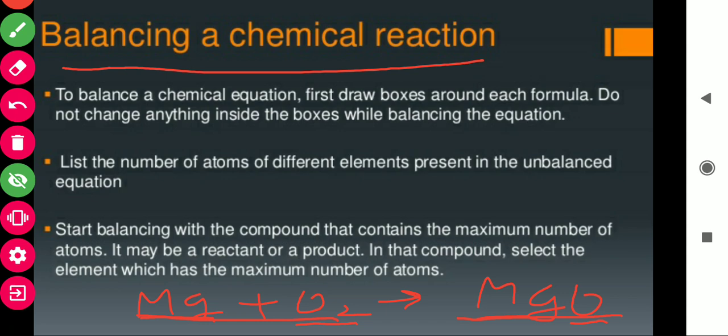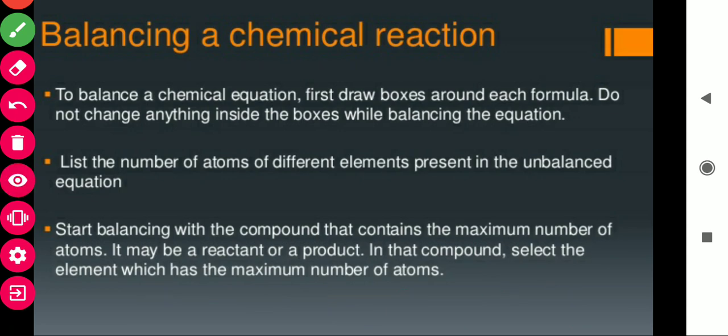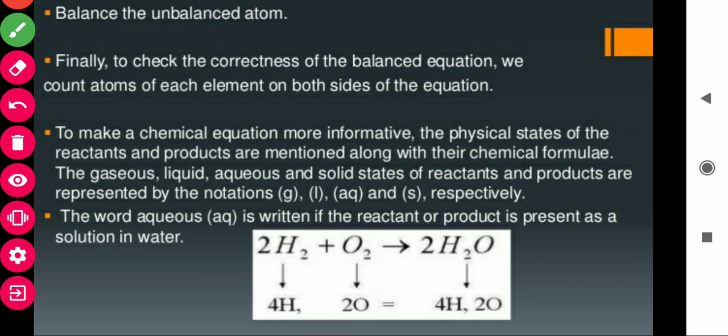If we want to balance any chemical reaction, how can we balance it? For balancing, we need to balance the atoms of all elements, and the main point is that we will start by balancing oxygen and hydrogen.